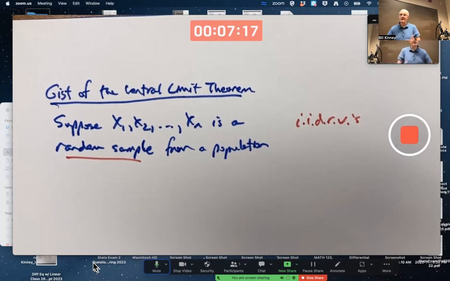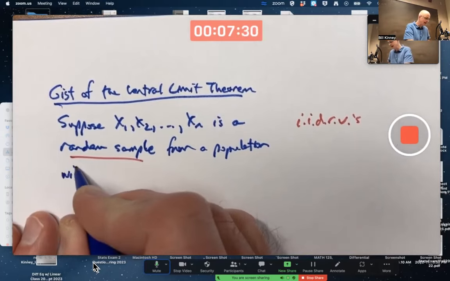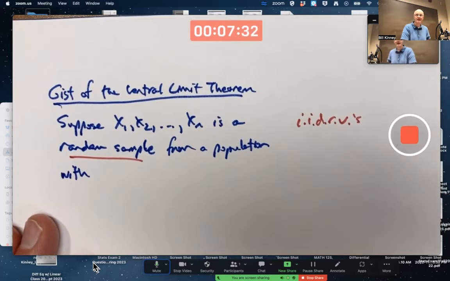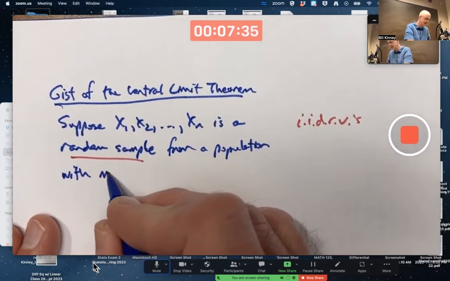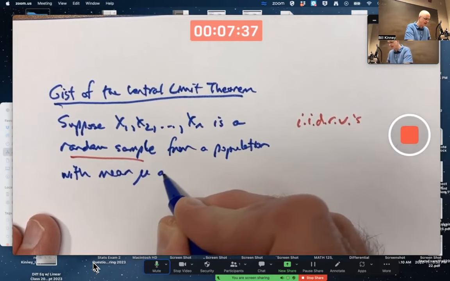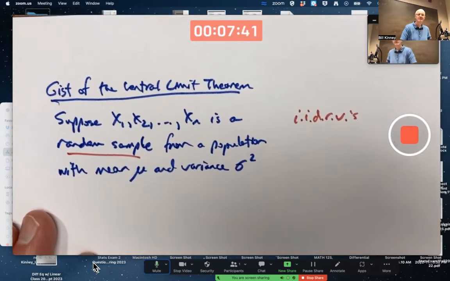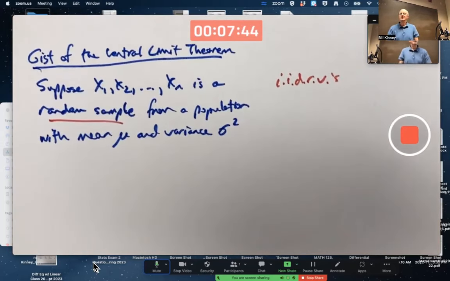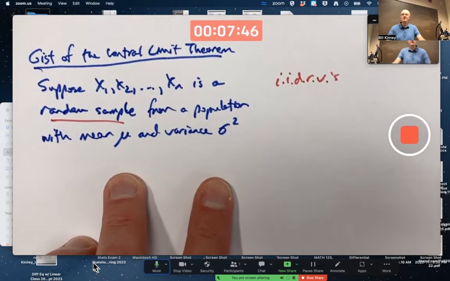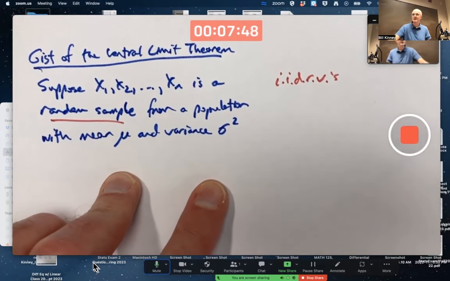Does it have to be normal or gamma or binomial or whatever? It doesn't technically have to be. It could be some unknown distribution, though for the purposes of this theorem, we do assume it's got a finite mean and a finite variance, with mean mu and variance sigma squared, which of course then also means the standard deviation is sigma. We are assuming these numbers exist, that they are finite numbers.